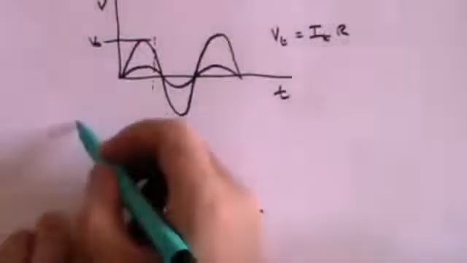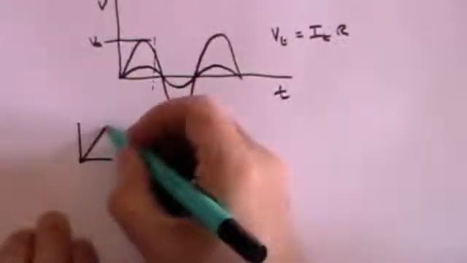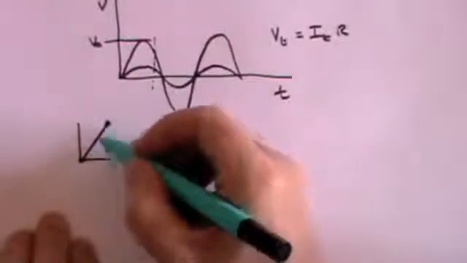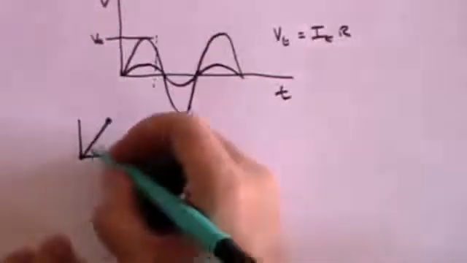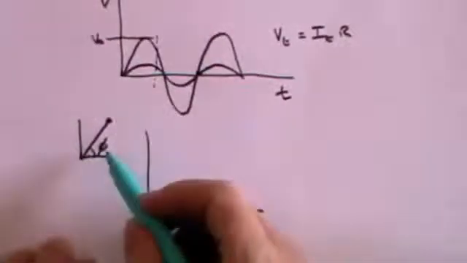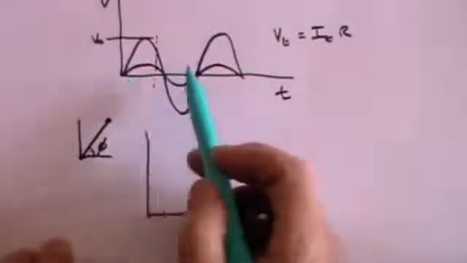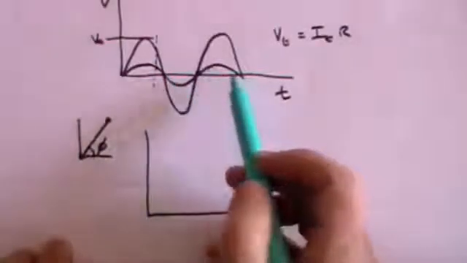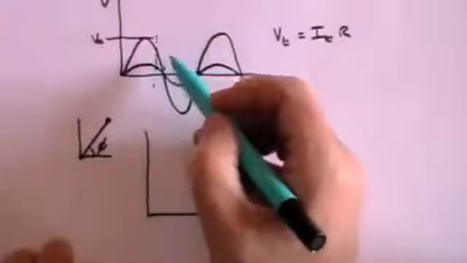So if I draw a little one up here just to show you, if I were to draw something like that, then the length of the vector, as it were, this length would represent the magnitude of the resistance, and this angle here, phi, would represent the extent to which the current was displaced from the voltage. In other words, instead of the current being exactly in phase, the current might actually start here and go up like this.